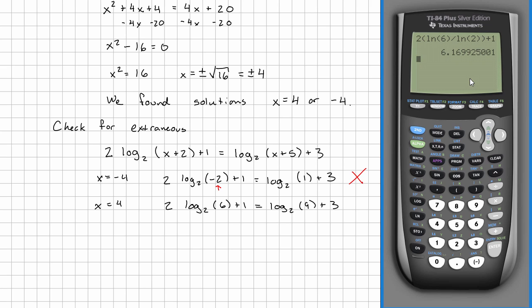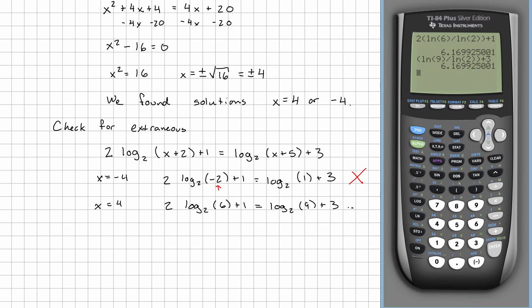So that's my left-hand side. For my right-hand side, I'll say log 9 divided by log 2, plus 3. And we see that those are exactly the same number. So that one worked. So x equals 4 is the only solution.